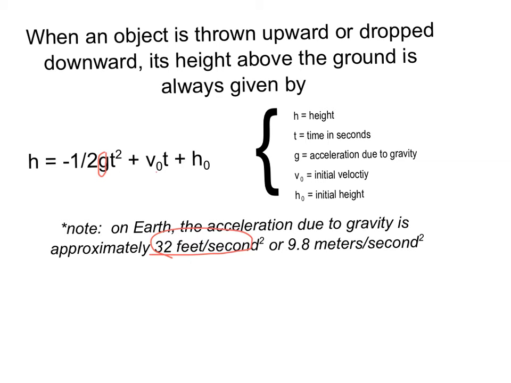And then it's negative. See how it's negative? Because gravity pulls you down. So it's really common to be using the formula negative 16 t squared, since half of 32 is 16, plus your initial velocity t plus your initial height. That's just a really common formula that we use. And you will do that in physics also.